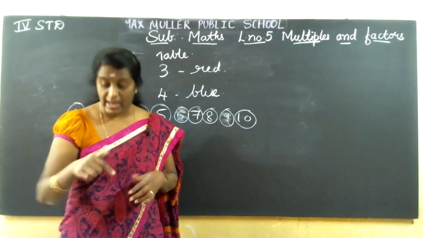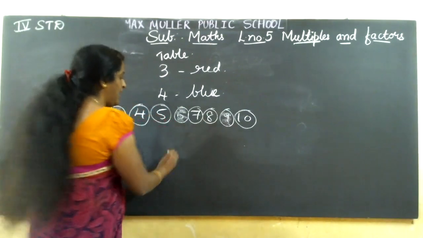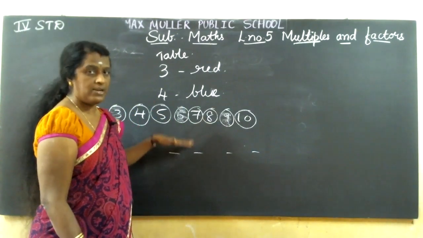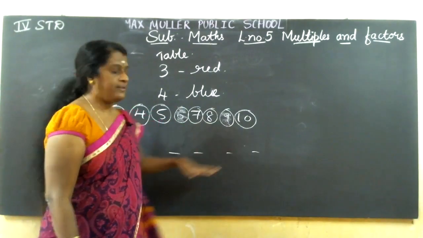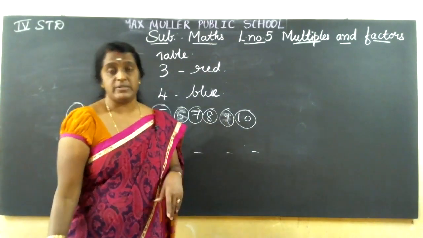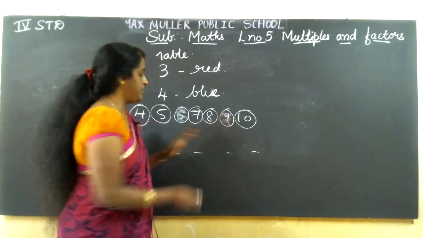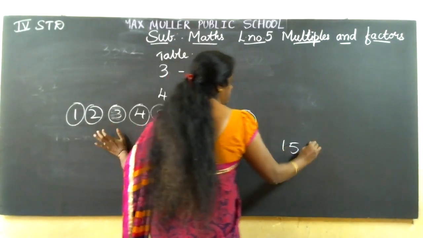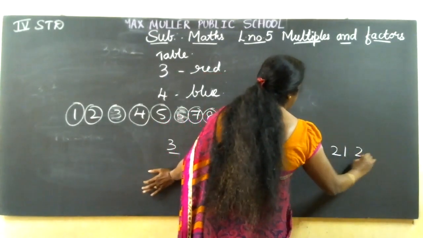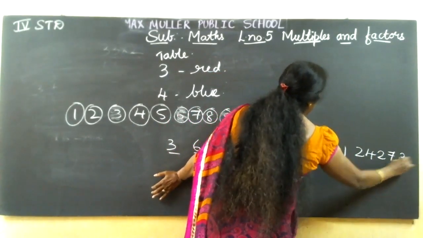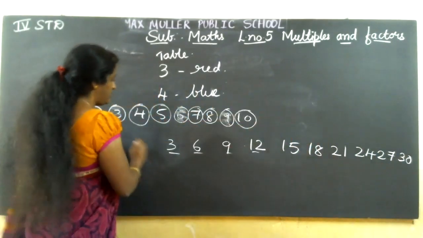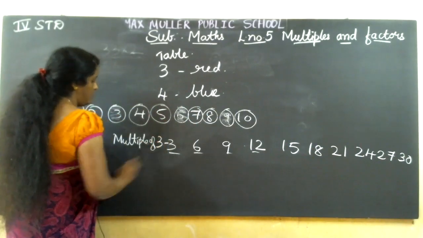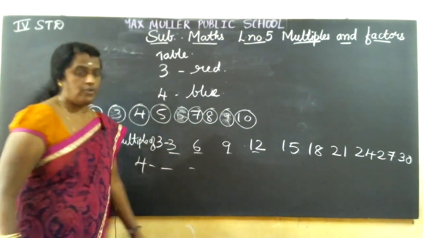Last on page 151 there are blanks given. Write the 3 table answers, those are the multiples of 3, and the 4 table answers. 3 ones are 3, 3 twos are 6, 3 threes are 9, 3 fours are 12, 3 fives are 15, 3 sixes are 18, 3 sevens are 21, 3 eights are 24, 3 nines are 27, 3 tens are 30. This is multiples of 3, this is multiples of 4. So write the 4 table, okay children?